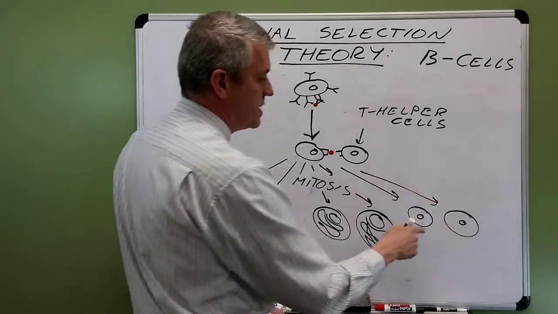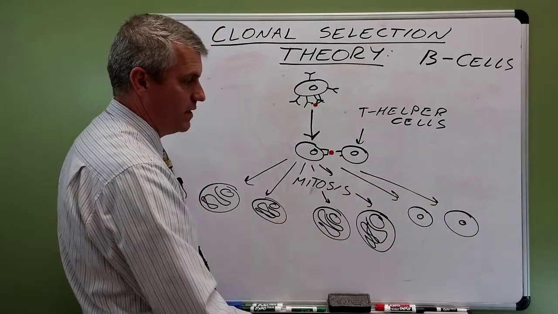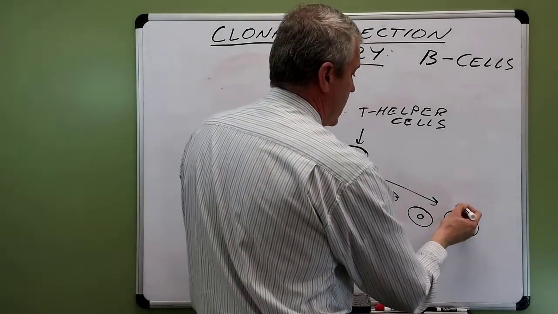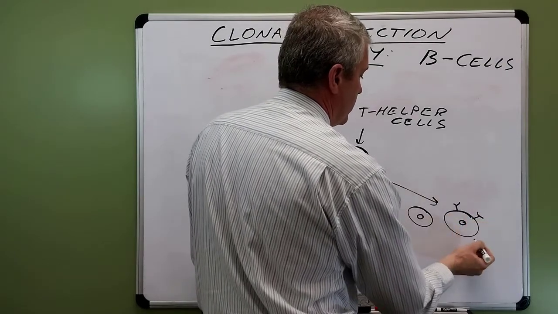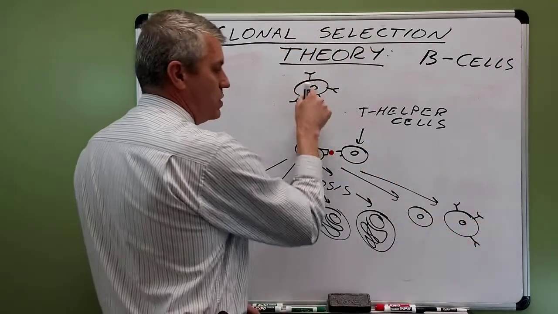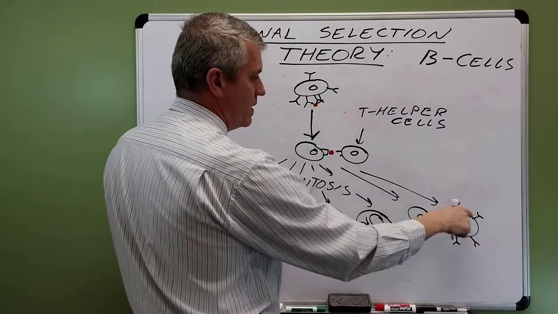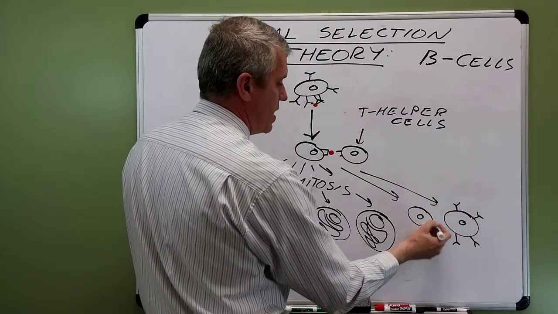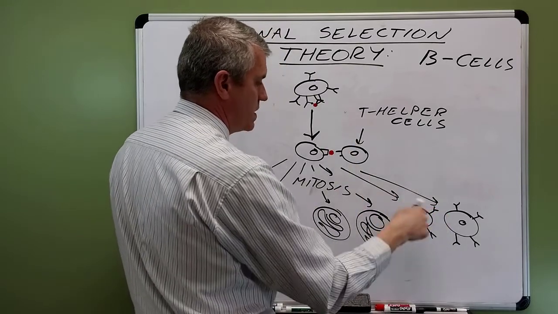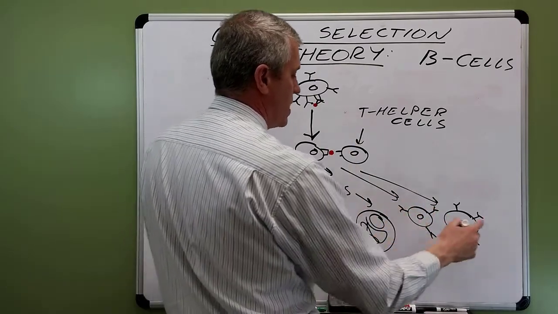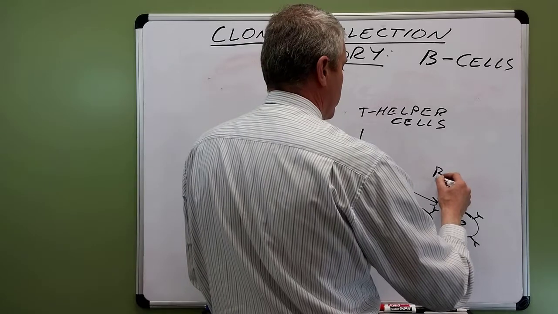All right, the types of cells that are produced by this cell division, these guys over here behave just like the original mother cell. They are ready if more of this alien antigen comes along, and they can become activated and go through the same process. So we call these B memory cells.